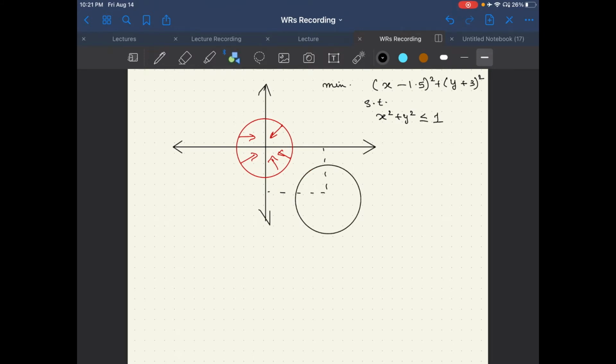Now its center is fixed based on the equation, but we can definitely change its radius, and here the solution is not going to be 0. Because this circle increases outwards, to minimize we have to go inwards, but then we are never satisfying the constraint, and it should be subjected to this constraint.